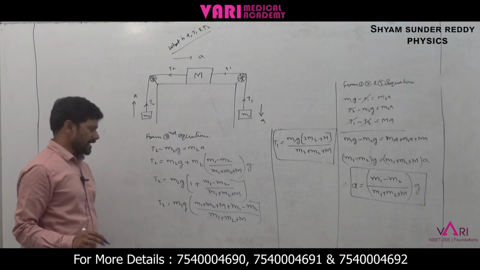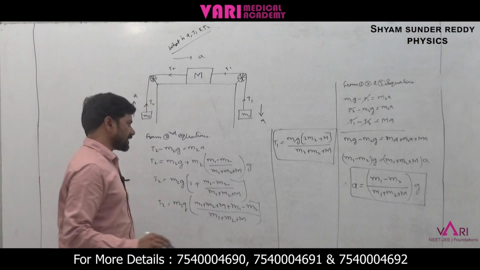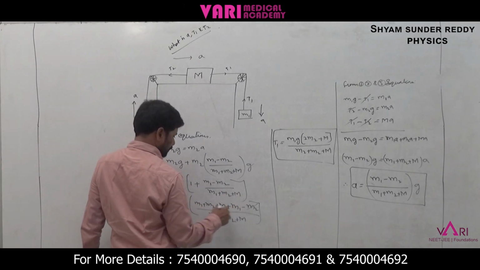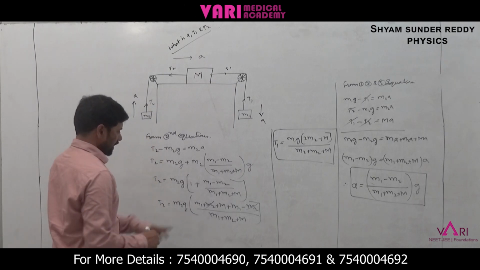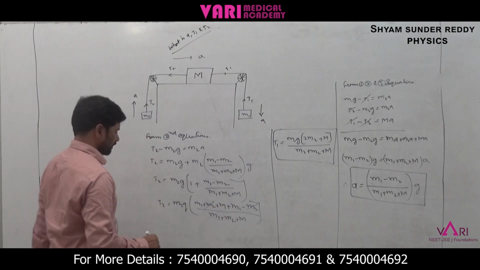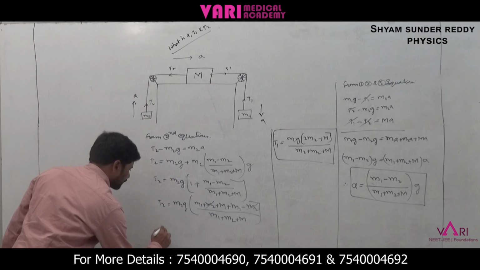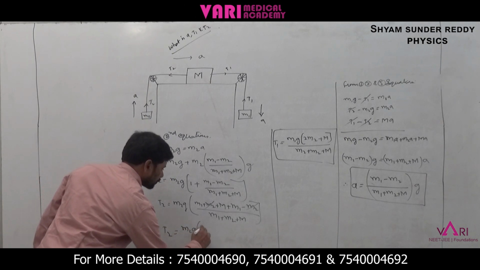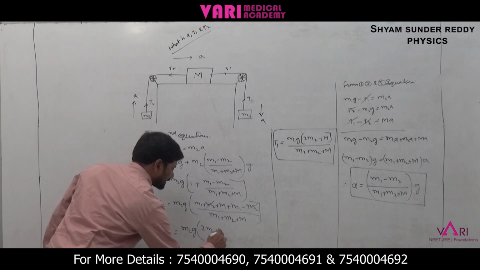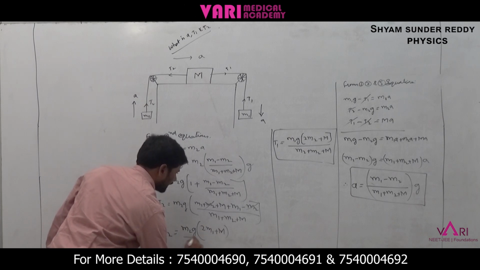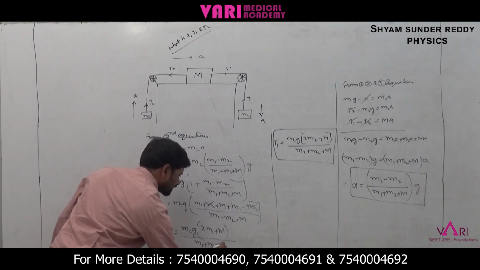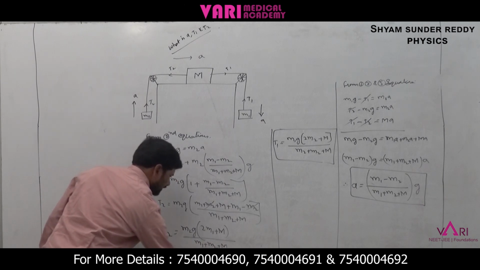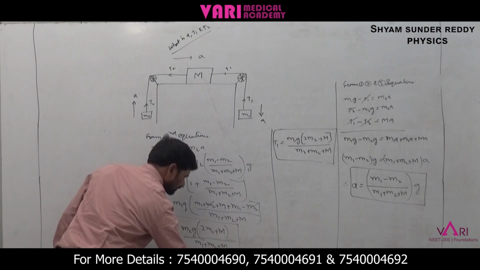Minus m2 plus m2 cancels. m1 and m1 give 2m1. Therefore, T2 is equal to m2g into (2m1 plus M) by (m1 plus m2 plus M). This is the tension.